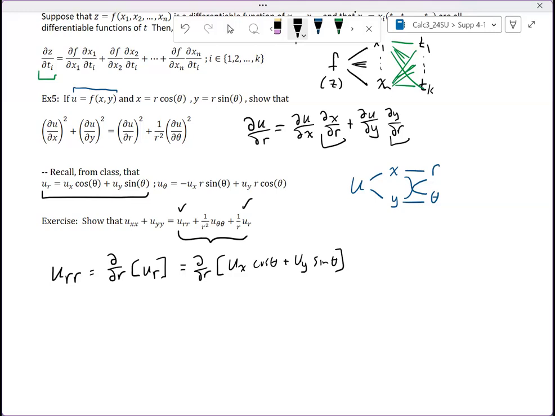So taking the partial with respect to r of all of this, well, I don't see any r's explicitly, but there's kind of the implicit dependence on r through the u_x and u_y functions. So what's this going to be?